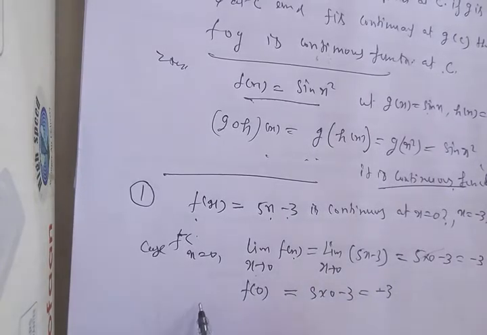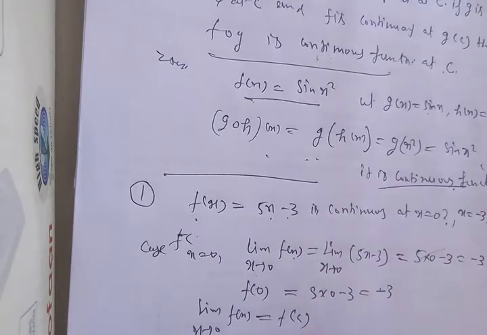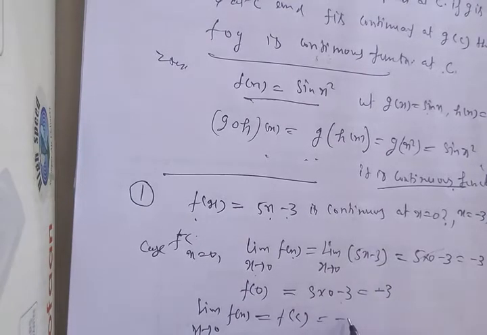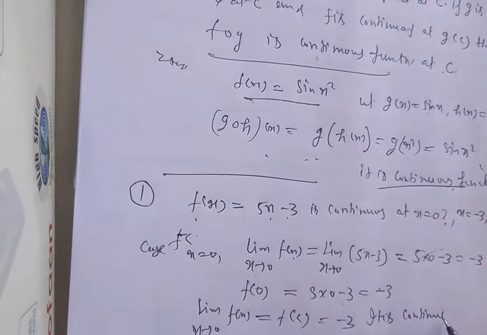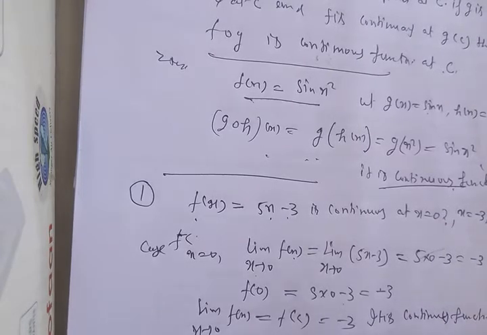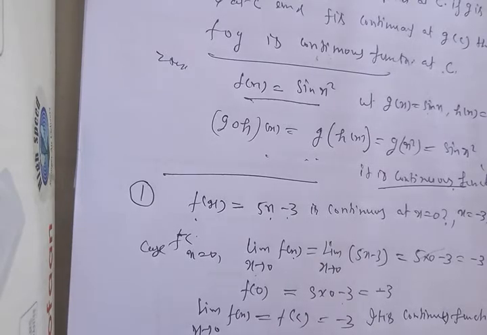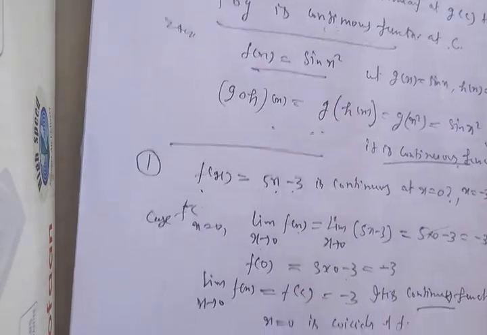Both are equal. So limit x tends to 0 of f(x) equals f(c) equals minus 3, so it is continuous. This type of question is solved by this method. Since x equal to 0 lies in the domain of f, f is continuous there.